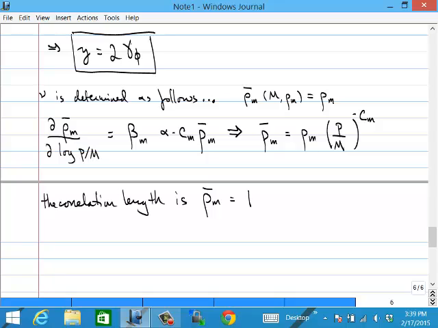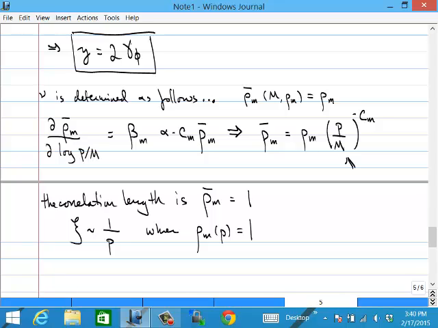So, to say that a little more clearly, the correlation length is 1 over the value of p, so it's the length scale where rho m of p is equal to 1. So using this equation here, hopefully if I haven't messed anything up, rho m bar is equal to 1. So that means that the correlation length goes like rho m to the 1 over Cm, whatever that constant is.